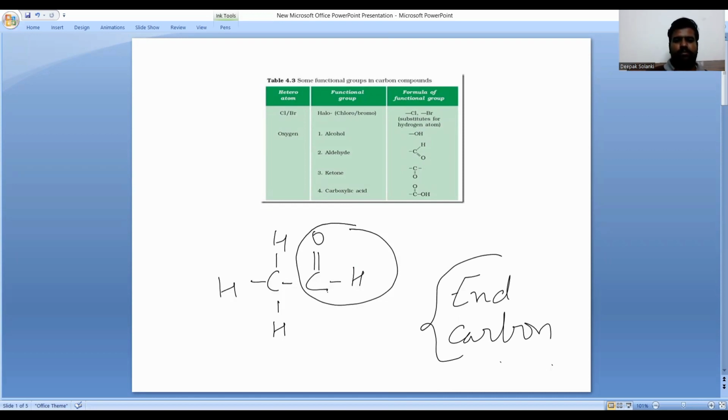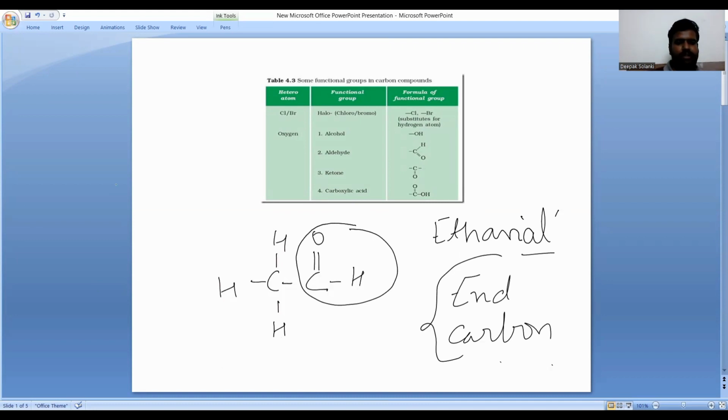Then what will be the name? For 2 carbons, we will write ethane, we will exclude E and we will write the suffix al. You can see the suffix al. The name will be ethanal. Double bond is present, and it is generally found on the end carbon.